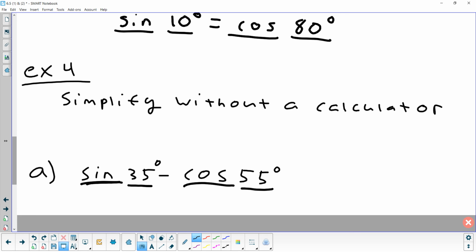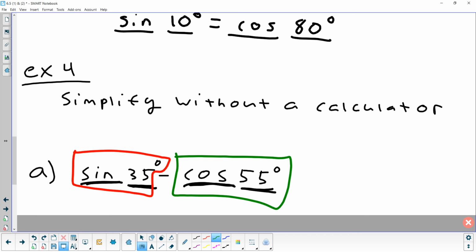So we have cofunctions of angles that are complementary. So what do we know about this value compared to that value? Since they're cofunctions of angles that are complementary. Yeah, they're going to be the same value.